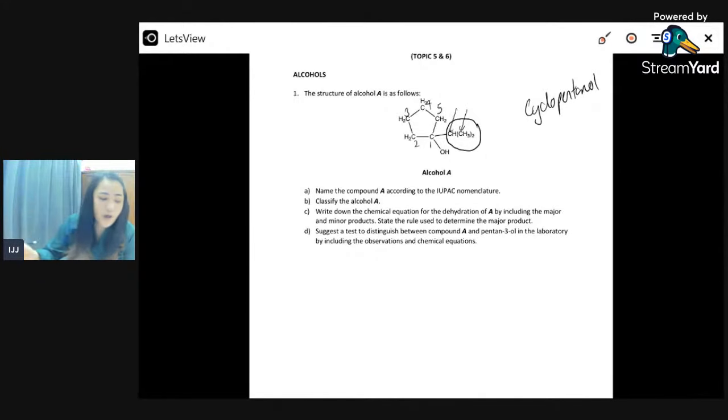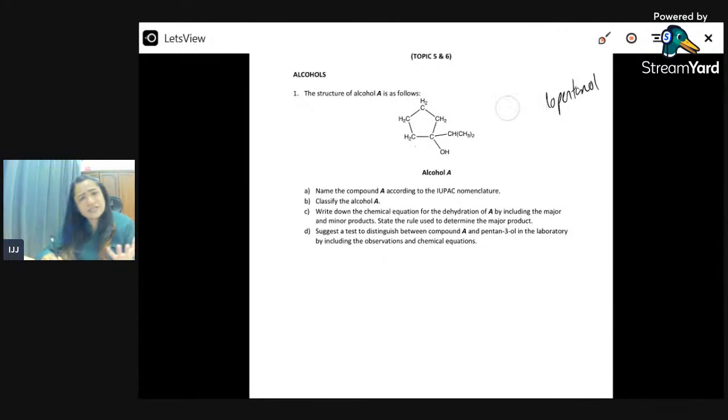So it is isopropyl. So the name will be 1-isopropylcyclopentanol. Okay, so far so good. Now, classify alcohol A.